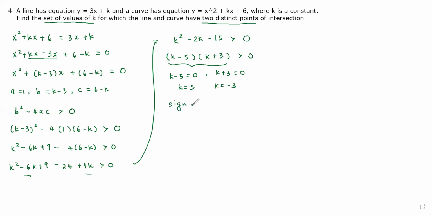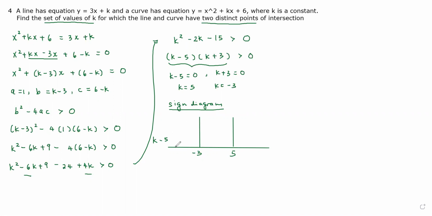We draw a sign diagram using these two values of k. We have negative 3 and 5. Let's look at the first linear factor, k minus 5. You can actually use a test value.